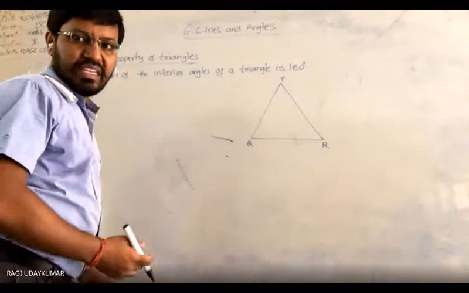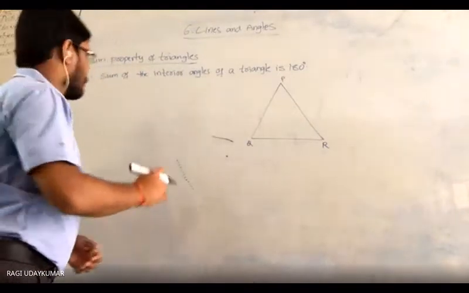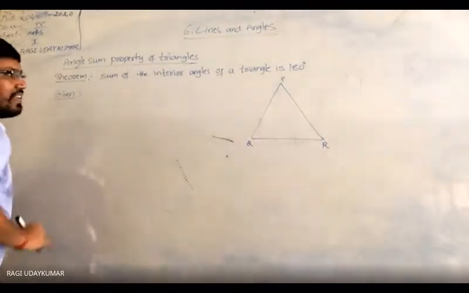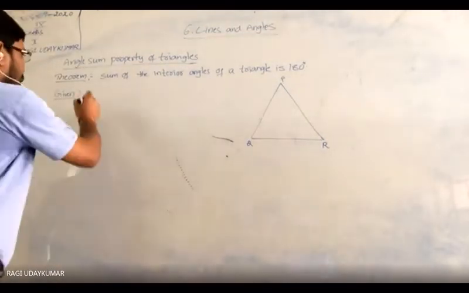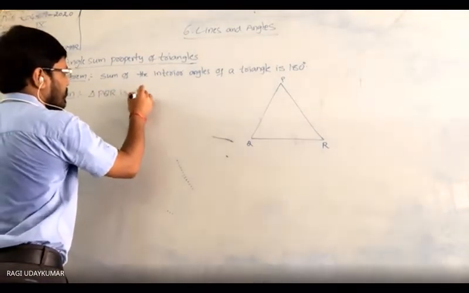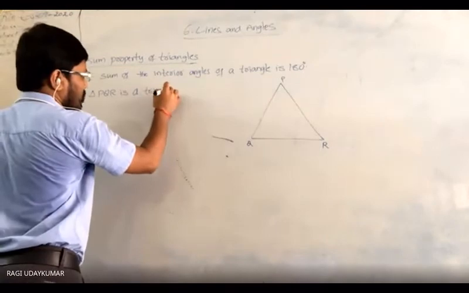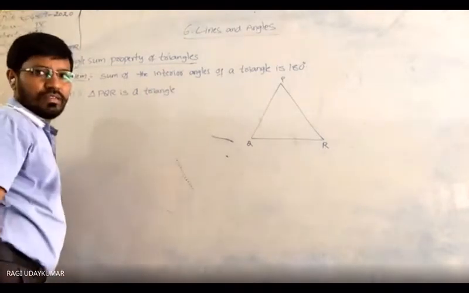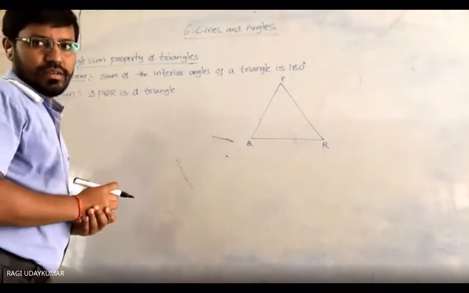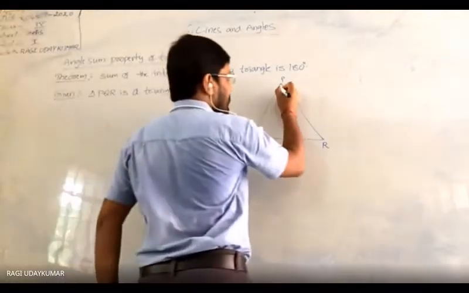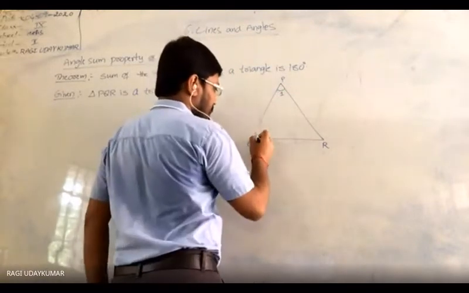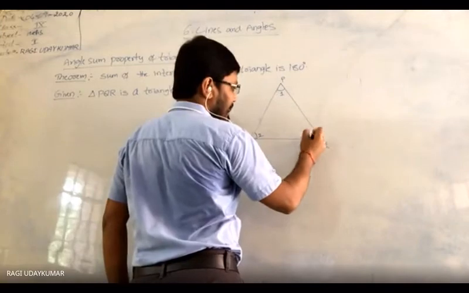Whenever a theorem is given to you, first you need to write what is given. So what is given here? Triangle PQR is a triangle. That's all that is given. Here let us name this angle 1, this is angle 2 and this is angle 3.